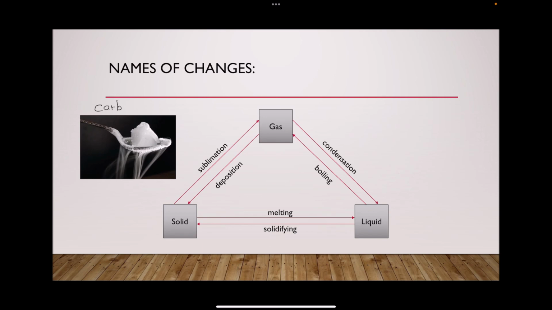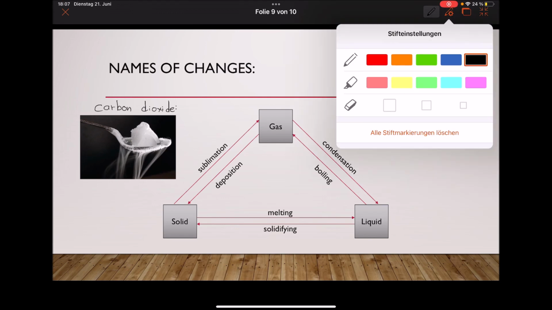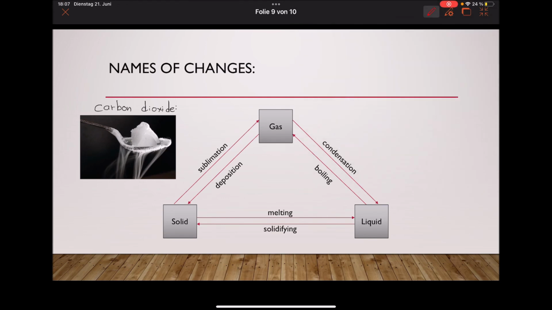That's what you can also see at the picture. On the spoon we have a block of solid carbon dioxide, and solid carbon dioxide is existent at temperatures below minus 77 degrees Celsius.